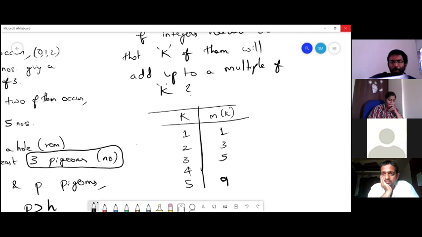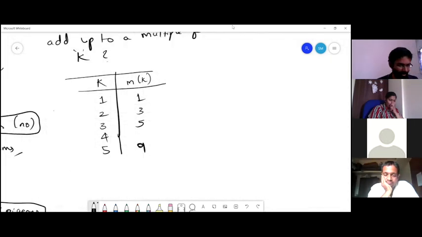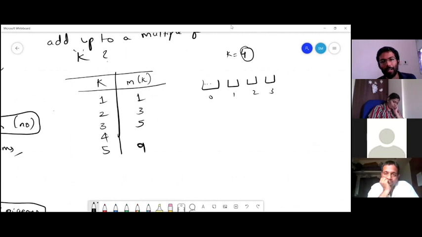So this is case 1, where we have 0, 1, 2, 3 and K equal to 4. If you have 3 here and 3 here, then any extra one you put will give you 4 that add to a multiple of 4.